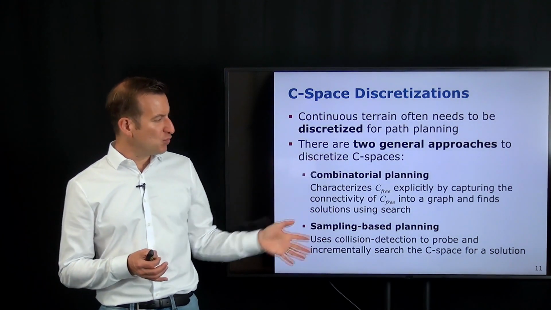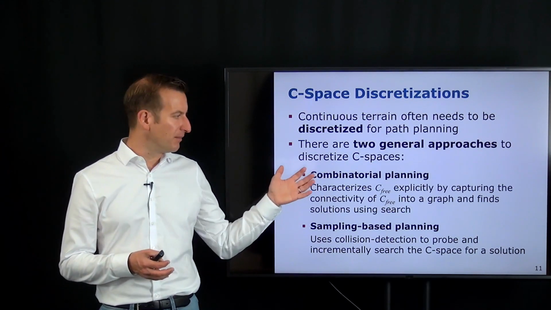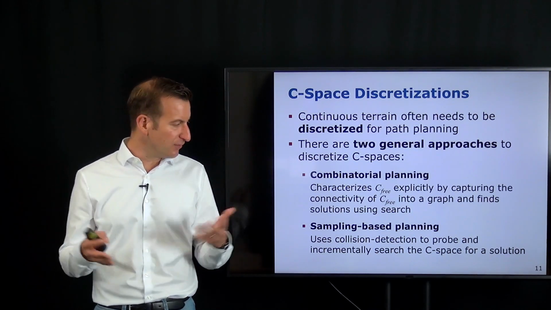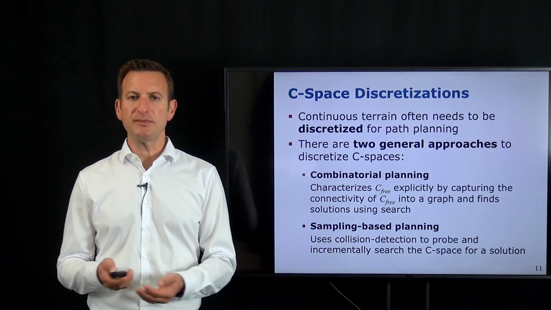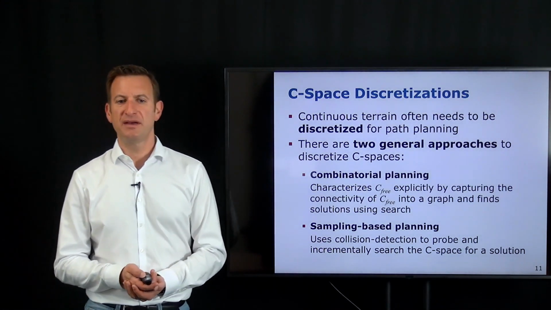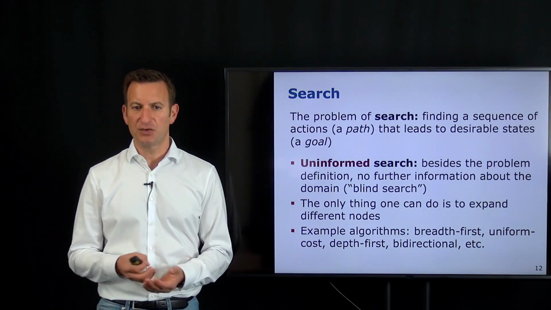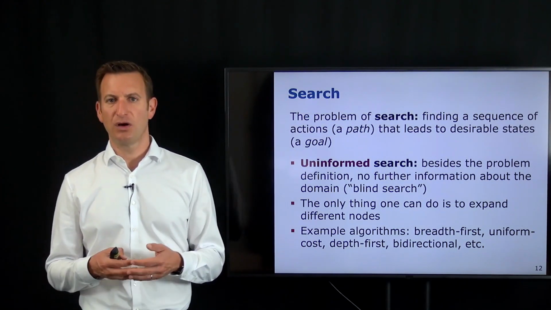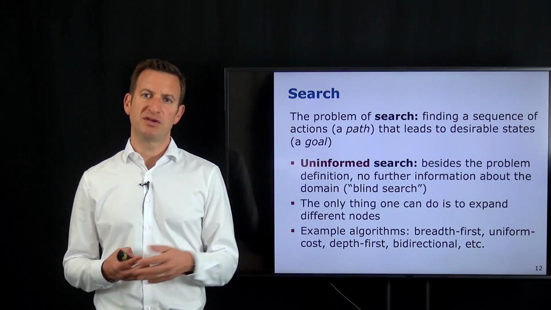But these are basically the two ways how we typically discretize our C space. So either discretizing it uniformly through all dimensions, or with a sampling-based approach. And what we then do, once we have such a discretization of the space, is perform a search and find a sequence of states that guide me from the current location to the target location.